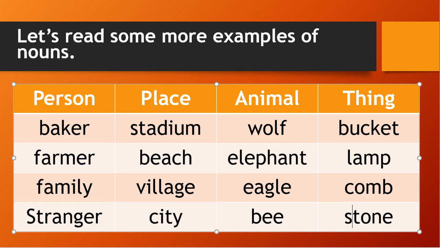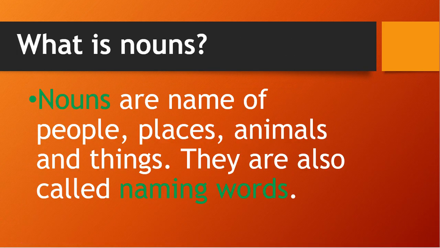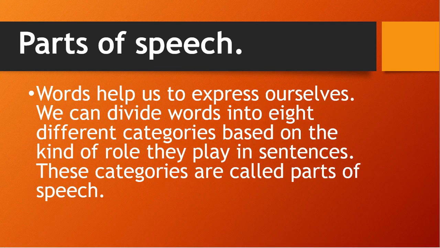So till now, what we understood here: what are the parts of speech? There are 8 different parts which help us express ourselves, and they play a role in sentences.